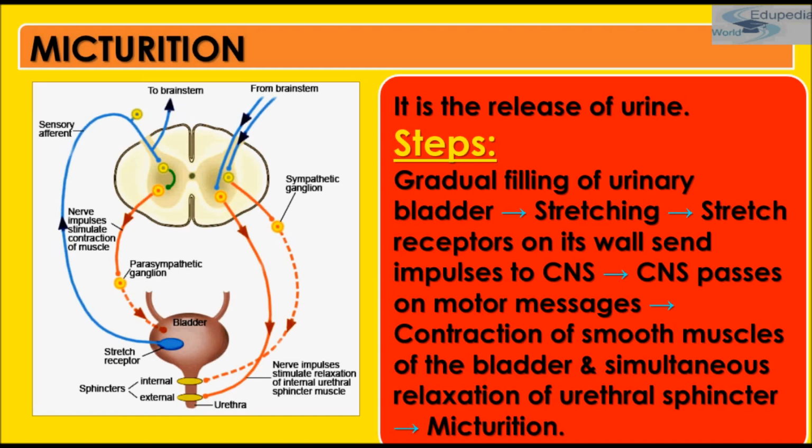The urinary bladder and the internal sphincter are supplied by both sympathetic and parasympathetic nervous system of the autonomic nervous system, whereas the external sphincter is supplied by somatic nerve. These are the two sphincters, internal and external.